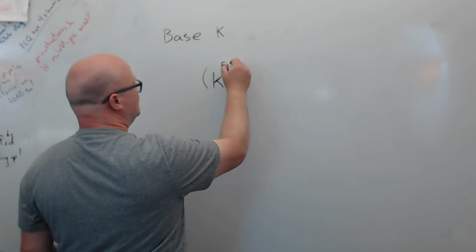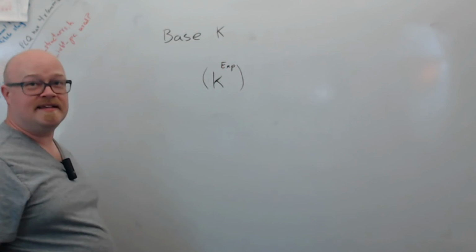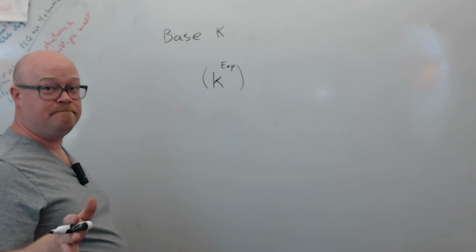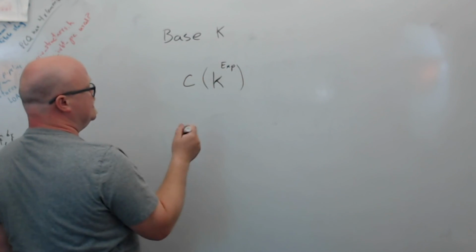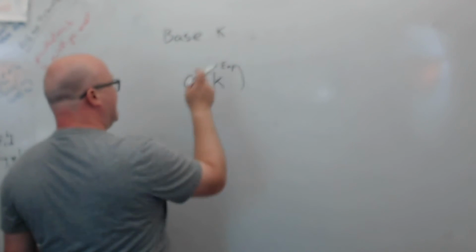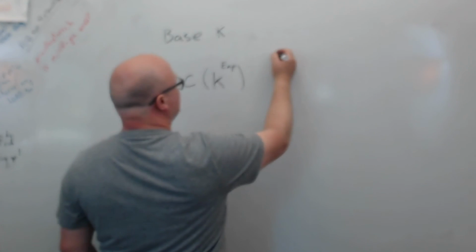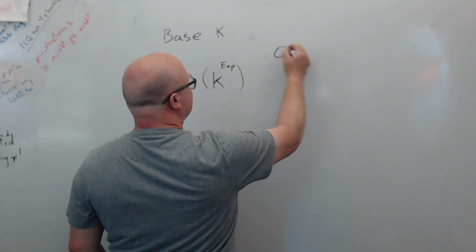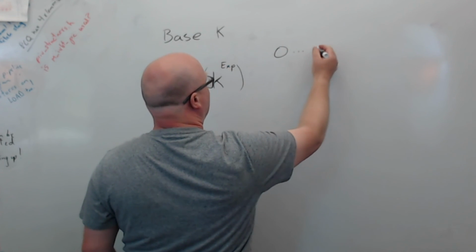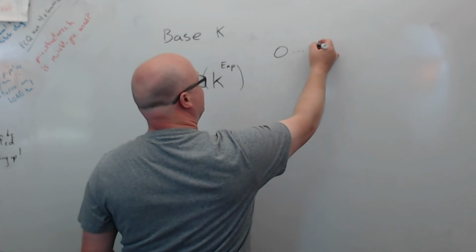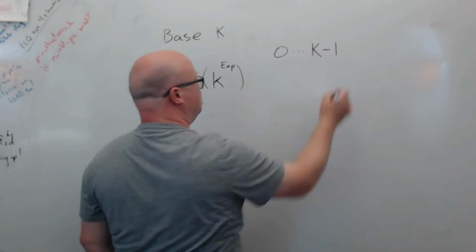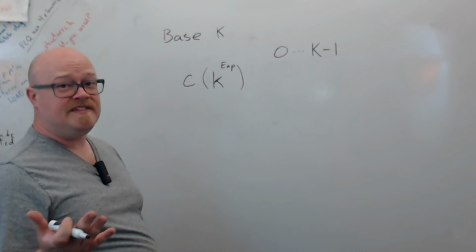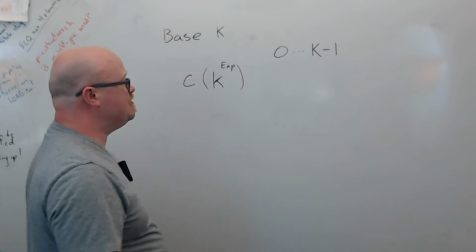So up here there's some exponent that we raise things to based on the position. Then we have the coefficient here. The coefficient will be c. Now in base k, the coefficients can go anywhere from 0 all the way up to and including our base k minus 1.